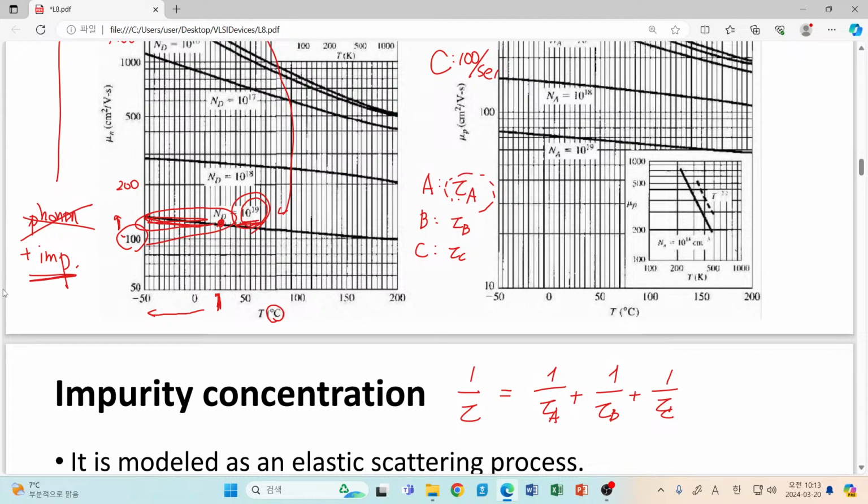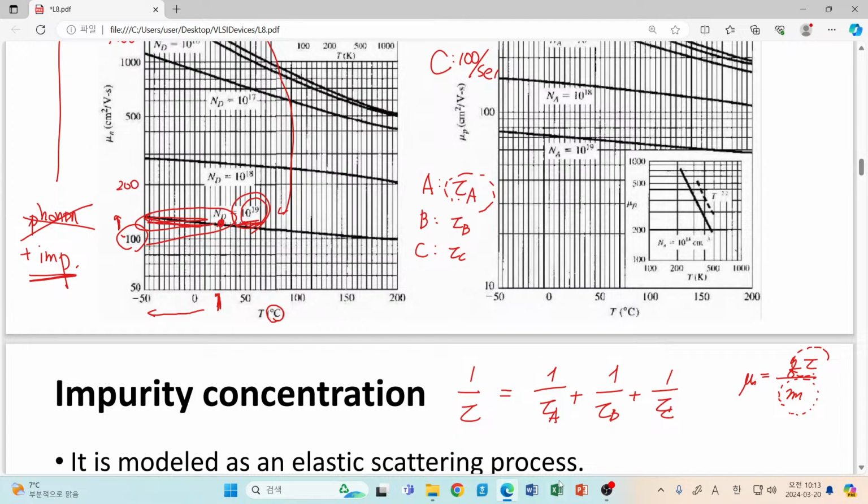relaxation time. Also please note what the assumed relation was. Mobility was assumed as q tau divided by mass. So when we are considering the same material, mass is the same, so tau is proportional to the mobility.